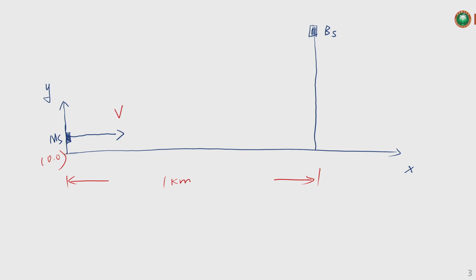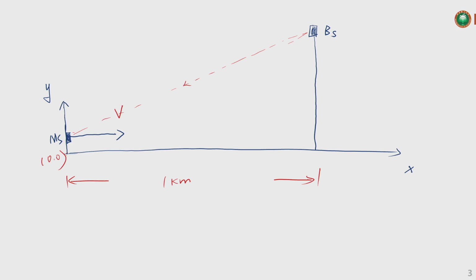Now we assume our channel is a downlink, so the downlink means the signal comes from the base station to the mobile receiver, along this direction.